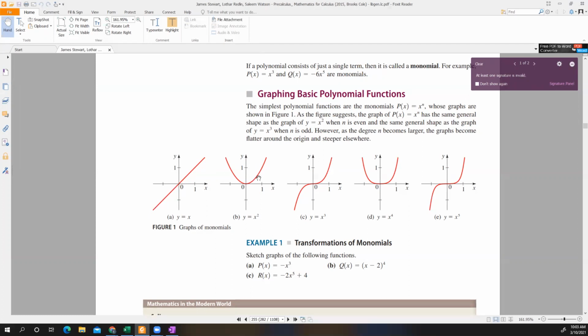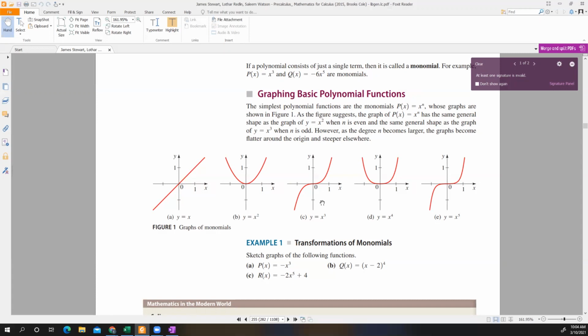What's happening as x becomes a larger and larger number, as x is getting closer to infinity, or as x is getting closer to negative infinity. If you were to go out, quote unquote, to infinity, whatever that means, the graphs would look identical. You couldn't tell the difference between them. So this idea of a limit: they have the same limit as x goes to plus or minus infinity.